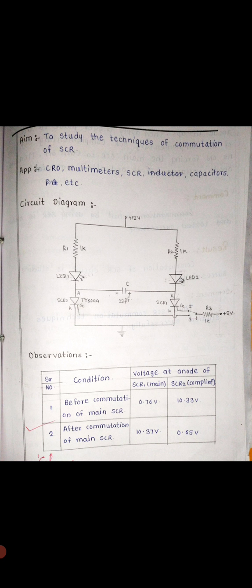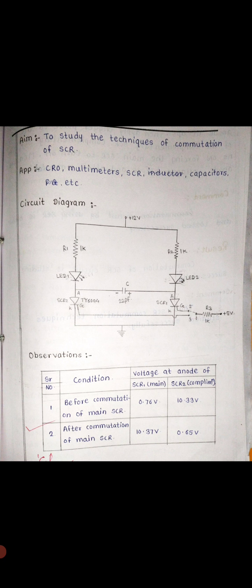In the observation, before commutation the main SCR voltage is 0.76 volt, and after commutation the main SCR voltage is 10.37 volt. Before commutation the complement SCR2 voltage is 0.5 volt, and after commutation it is 10.33 volt.